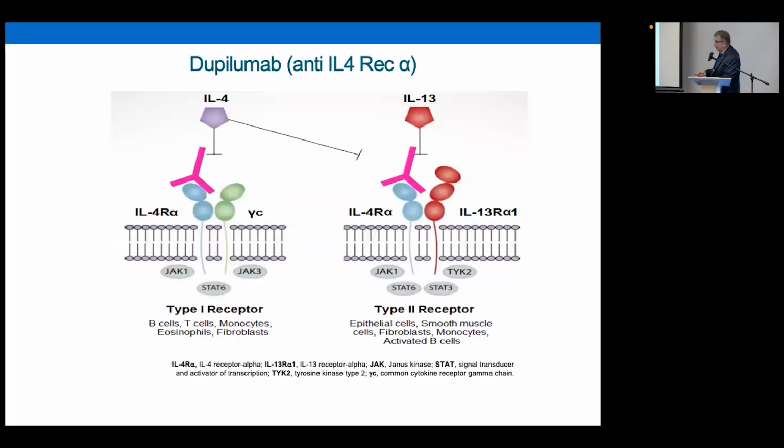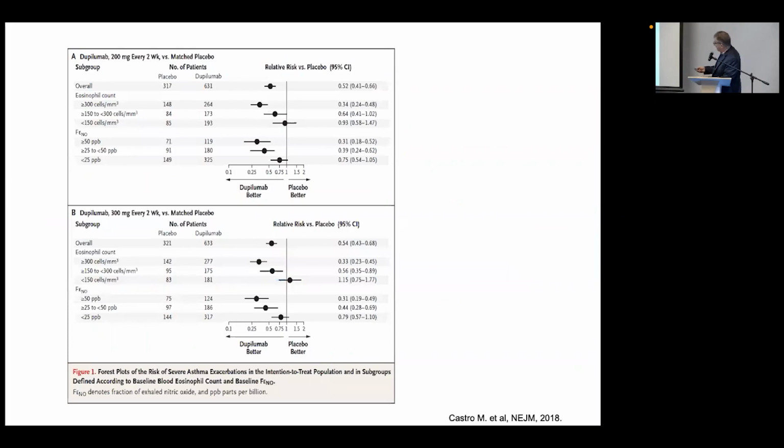Dupilumab, it's anti-IL-4, anti-IL-13. And this is just a summary of all the results in patients having dupilumab. The 2 doses of dupilumab, 200 milligrams and 300 milligrams. And you can see that when the patient has eosinophils more than 300, it is more efficient in the 2 groups, 200 every 2 weeks or 300 every 2 weeks.